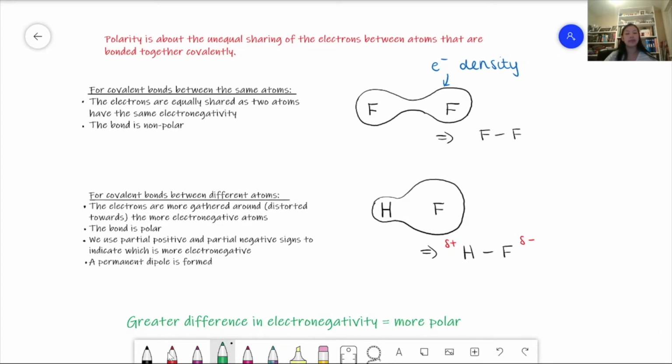So in this example, the electrons are all crowded around the fluorine, so that becomes the partial negative, and hydrogen becomes the partial positive. And the rule is that if there's a greater difference in electronegativity, then it is more polar because there's a bigger unequal sharing of the electrons.